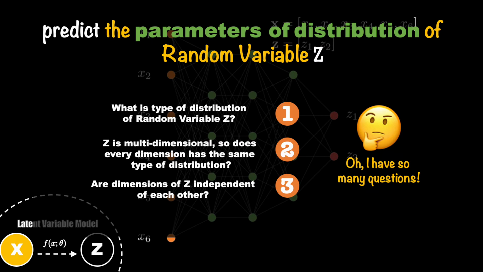Now, as is the tradition, we again use our gut feeling and/or some hyperparameter search to address these concerns. For our needs, we will assume a Gaussian distribution for random variable z. Every dimension as such is going to follow a Gaussian distribution. They will have different parameters, but they will all be of type Gaussian distribution.